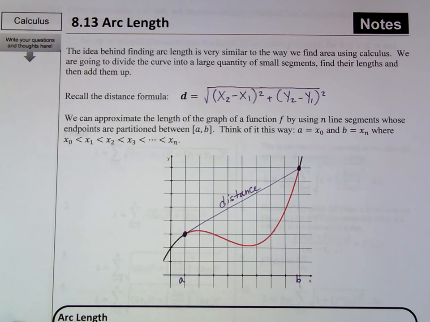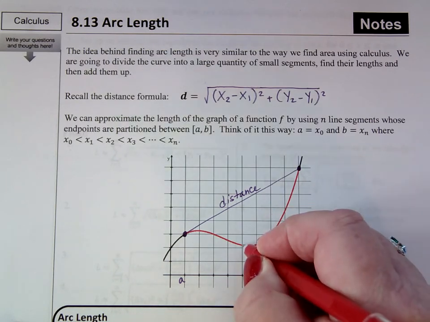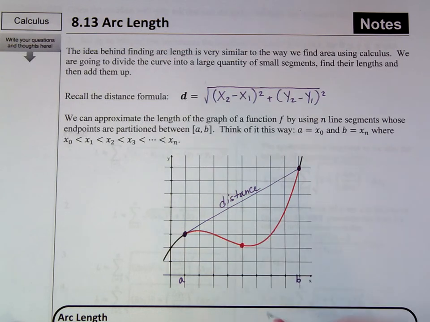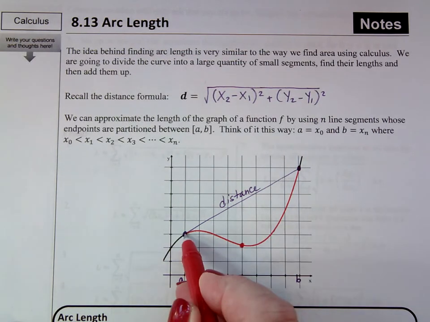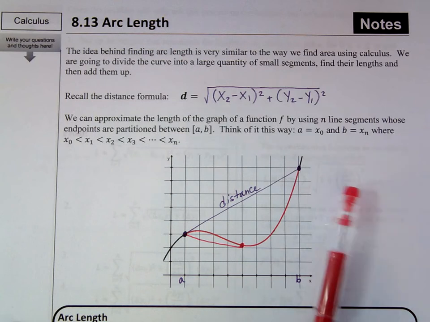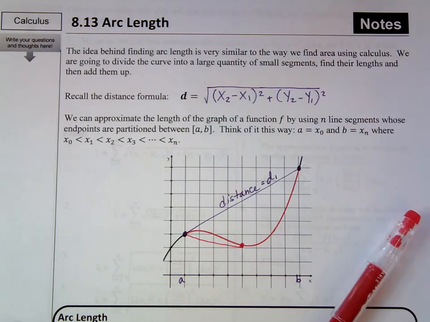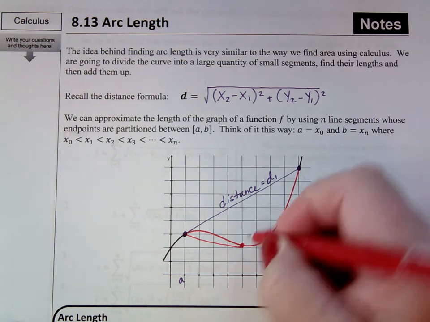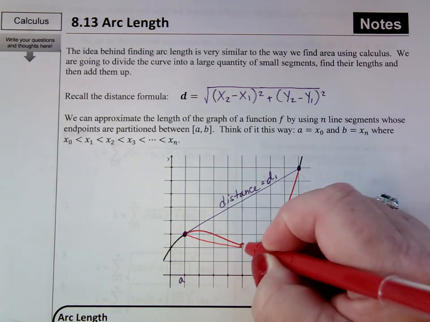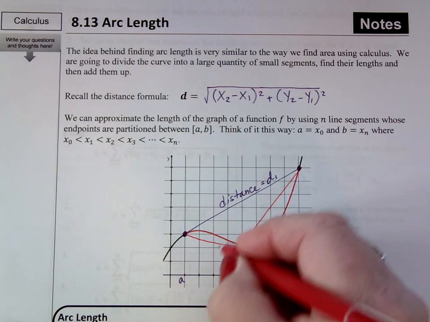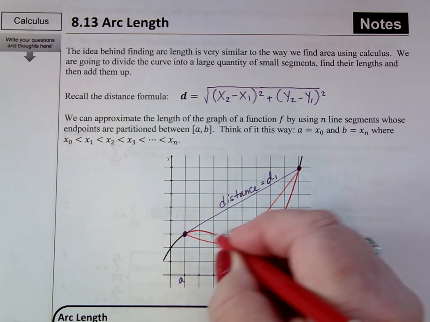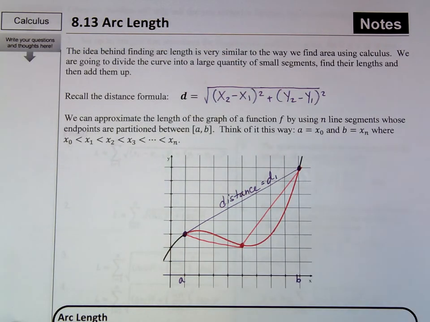What if I were to pick a point, I don't know, let's say right about here. And if I were to find the distance between that, I'm going to call this first guy D sub 1. It's my first distance. My second distance is going to go this way. I guess I shouldn't have used red because it's hard to tell where the curve is. Let me highlight the curve.